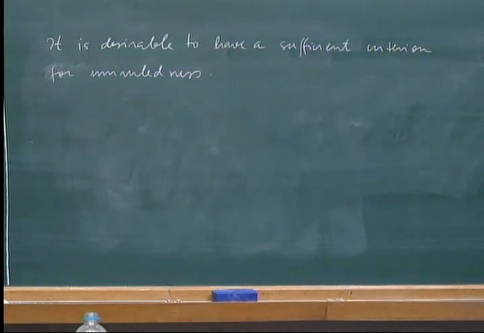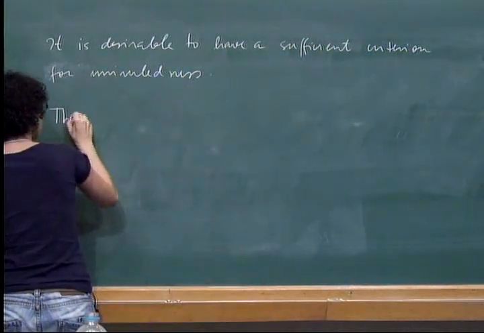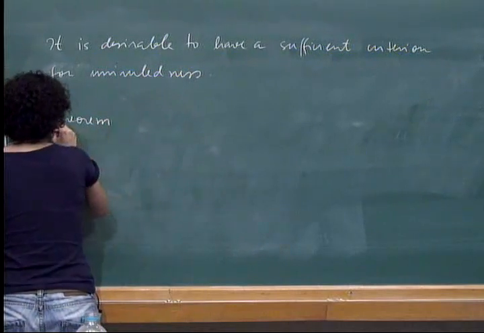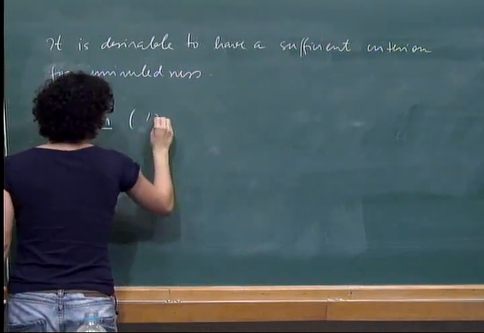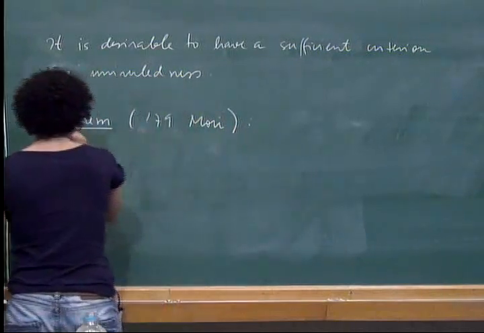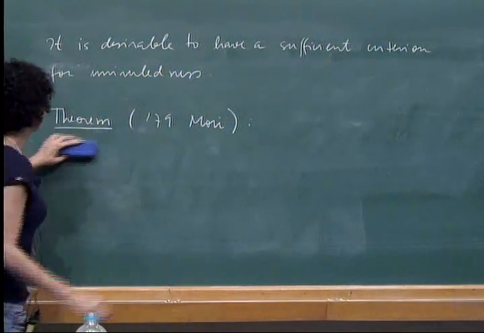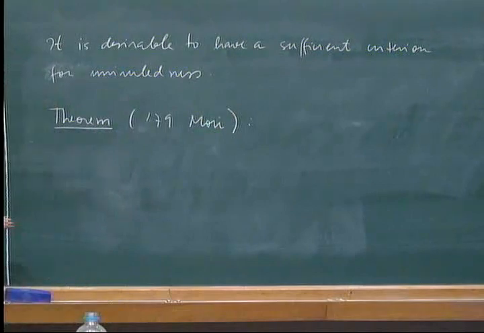And this is what we are going to be discussing now. So let me just state a very important theorem. This is a theorem of Mori. In a sense, its proof illustrates very well the points A and B that I want to make.